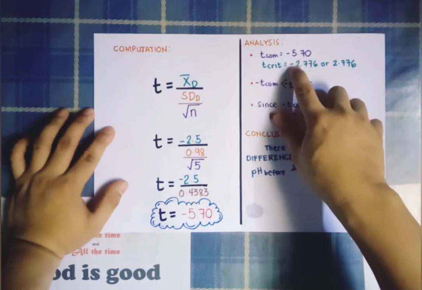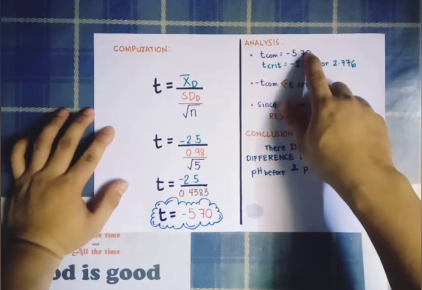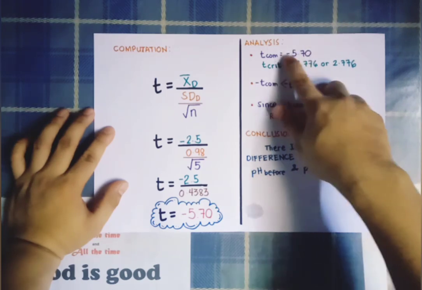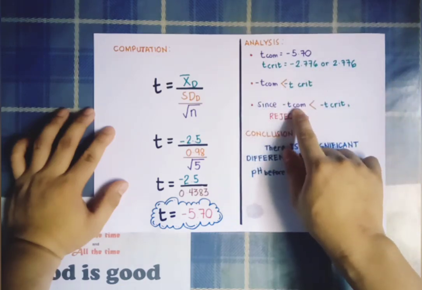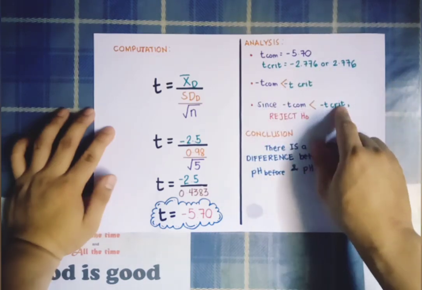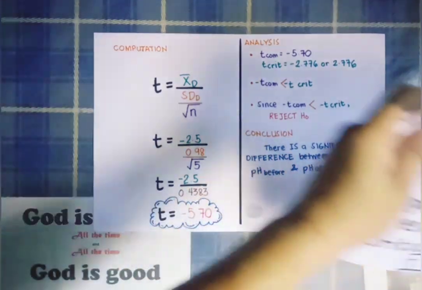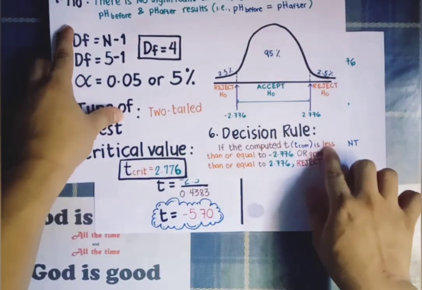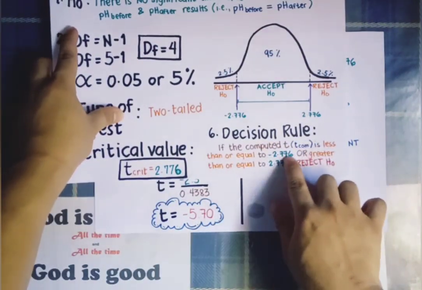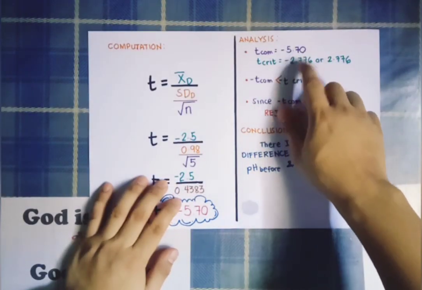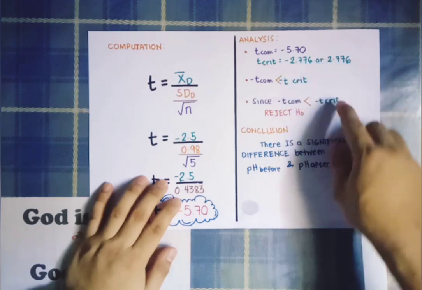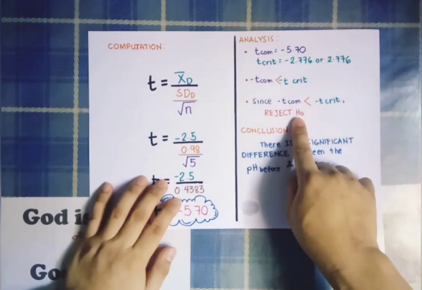Negative 2.776 is greater than negative 5.70. Since negative tcom is less than the negative t-crit, then in our decision rule earlier, if the computed tcom is less than or equal to negative 2.776, and we know that negative 5.70 is less than negative 2.776, then we need to reject the null hypothesis.